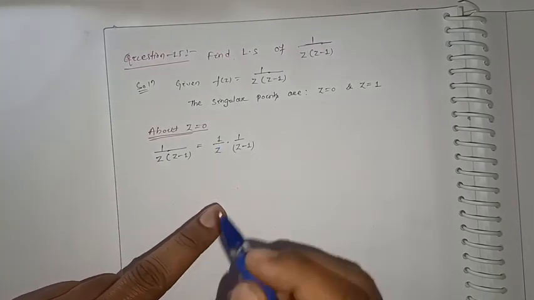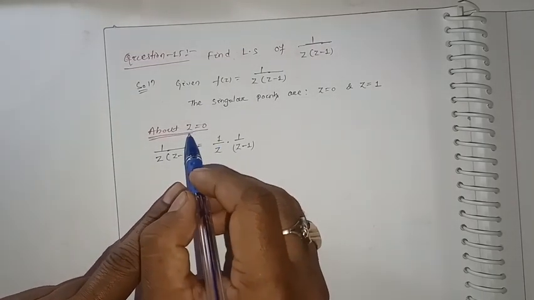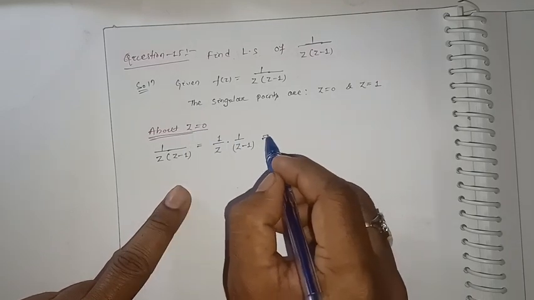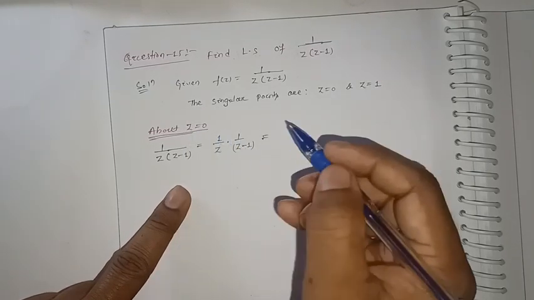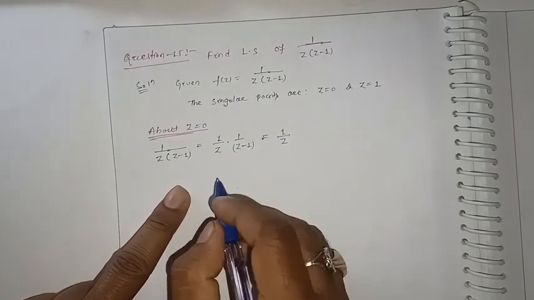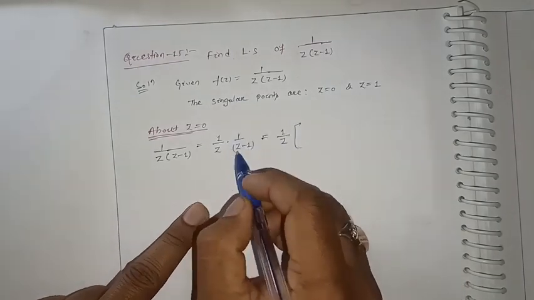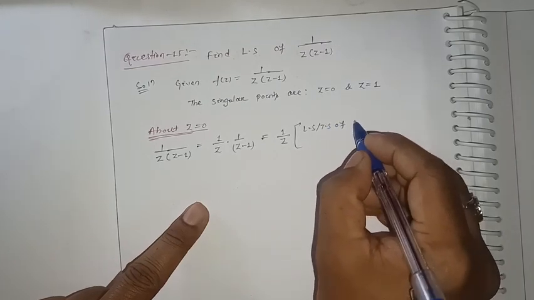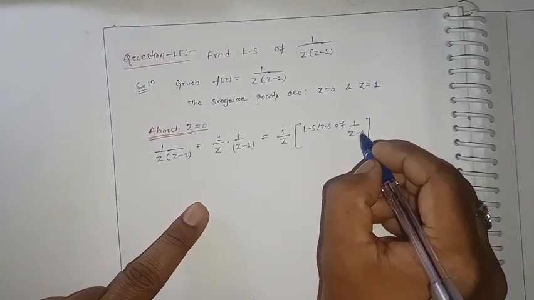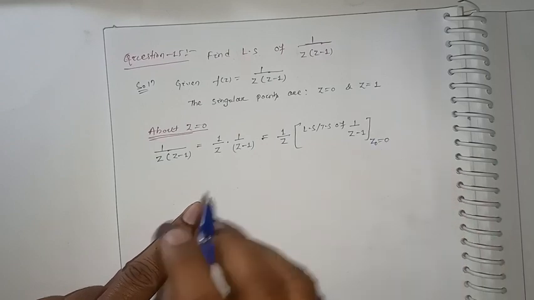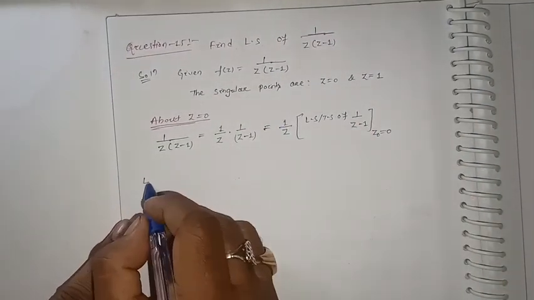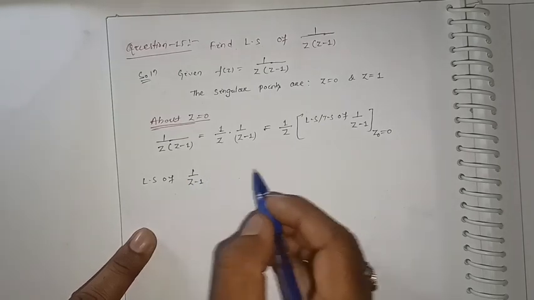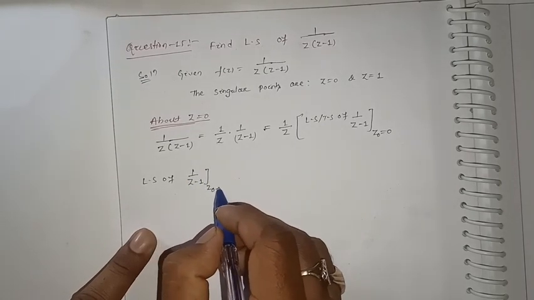Hence, if we are trying to find the Laurent series about z equal to 0, then the Laurent series of this one is itself. That means 1 by z I have written over here. Then we have to find the Laurent series, or the so-called Taylor series, of 1 by z minus 1 about z0 equal to 0. Got it? Now we have to find the Laurent series of 1 by z minus 1 about z0 equal to 0.